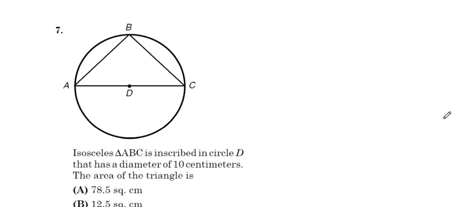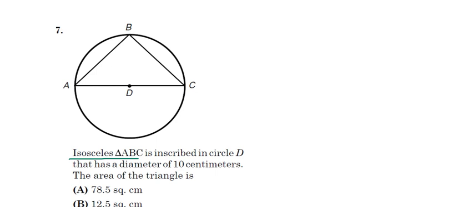Okay, so here we have a circle. In this circle we have inscribed a triangle. This triangle is isosceles.